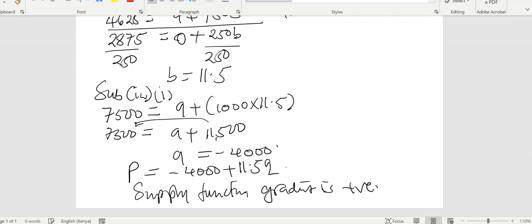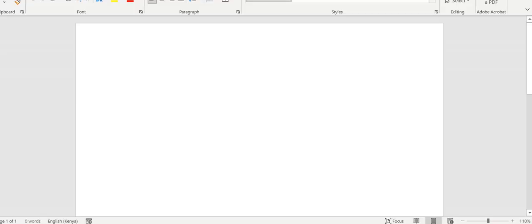The one sloping downward is the demand. The gradient is the one that shows the slope of the graph. Have you copied that?